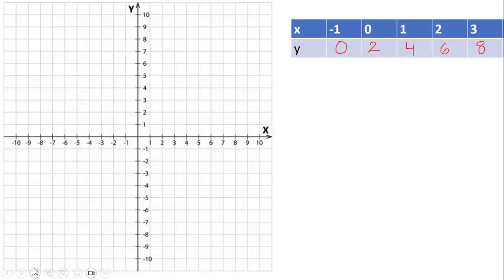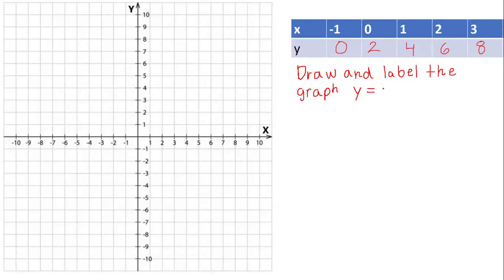So what we have to do is draw and label the graph y is equal to 2x plus 2.